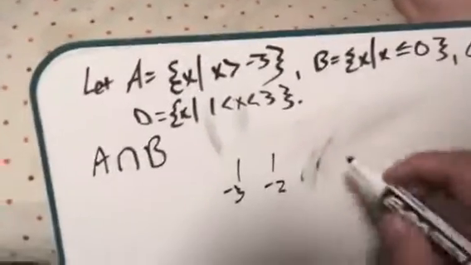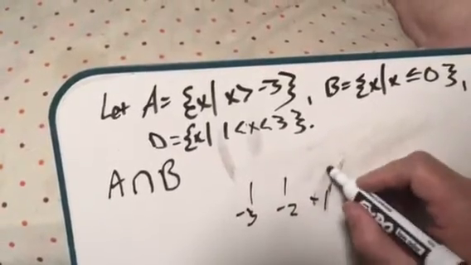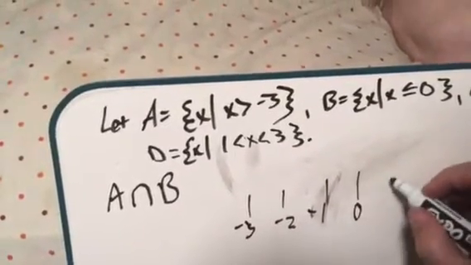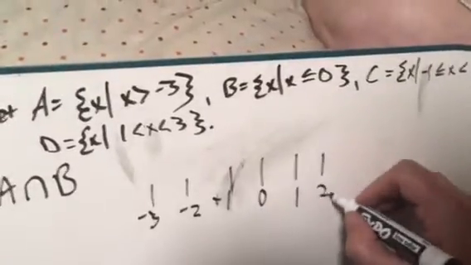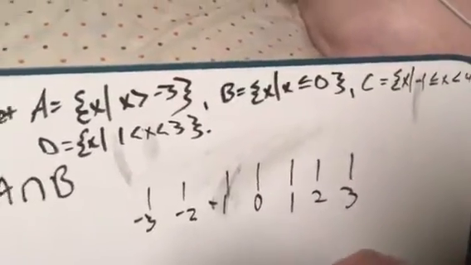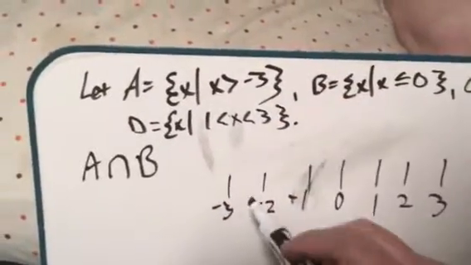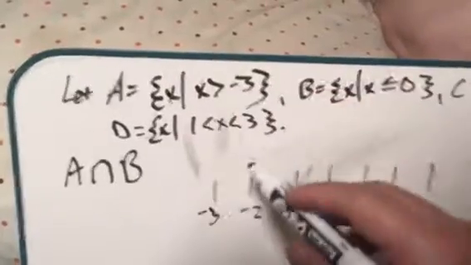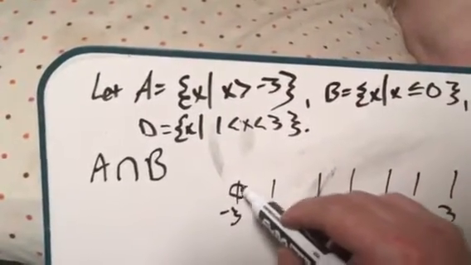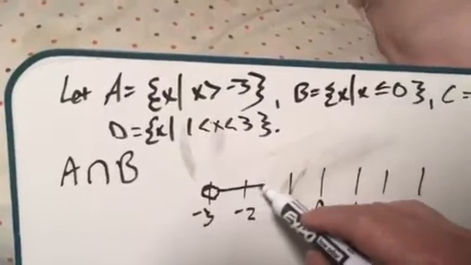The way I would do this is, if you want to take A intersect B, let's do a number line. You've got negative 3, negative 2, negative 1, 0, 1, 2, 3. And if A is everything greater than negative 3, that means it doesn't include negative 3, but it's everything on this side of it.